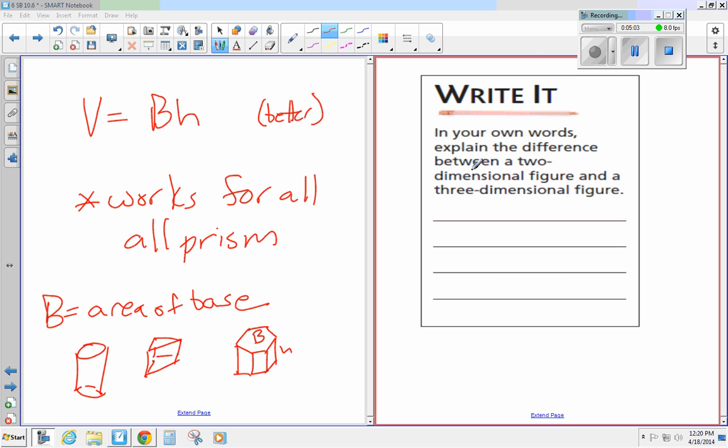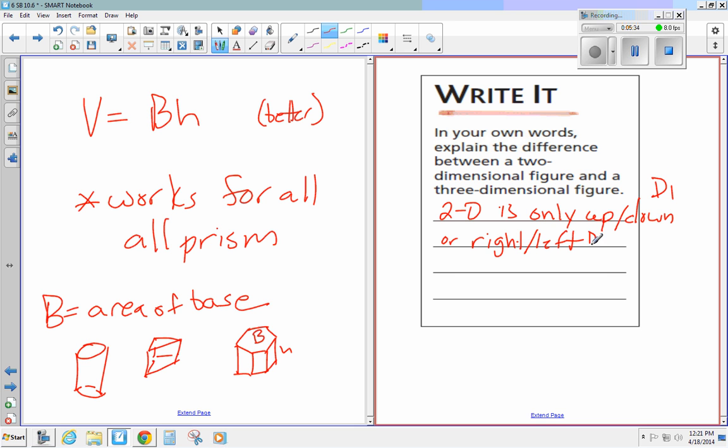Now, I know this says to explain in your own words the difference between a two-dimensional figure and a three-dimensional figure. But basically, if you think about two-dimensional, let's say that 2D is only up, down, or right, left. Only two dimensions. Dimension 1, dimension 2.